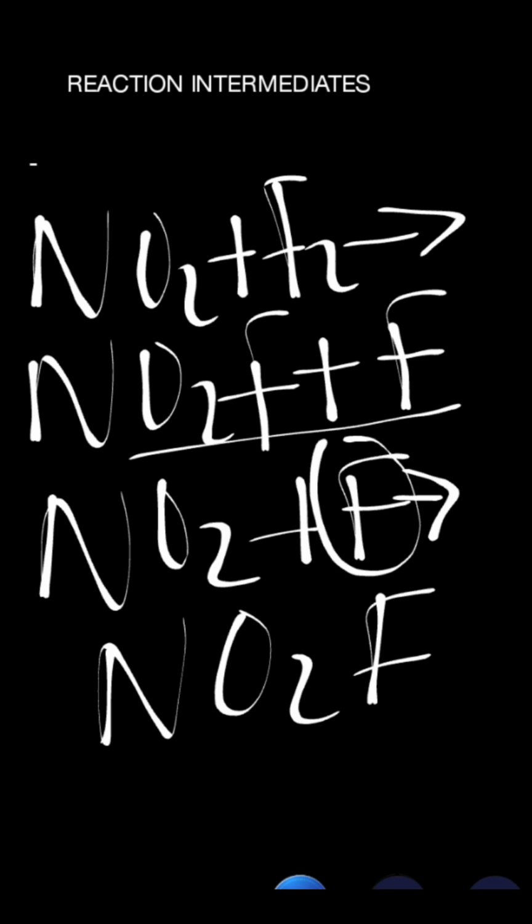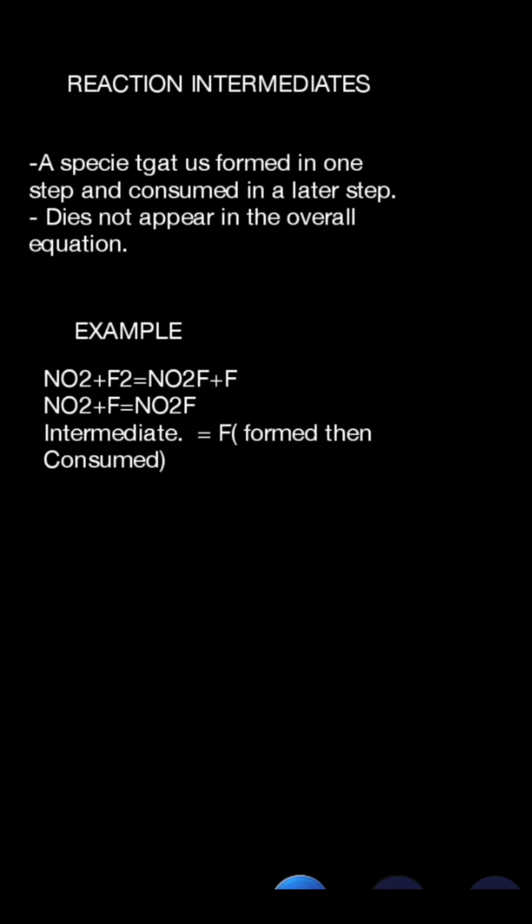So this F is the one we call an intermediate. As you can see, it was a product but now it's a reactant. So it's formed in one step and later consumed in another step. So F is the reaction intermediate.